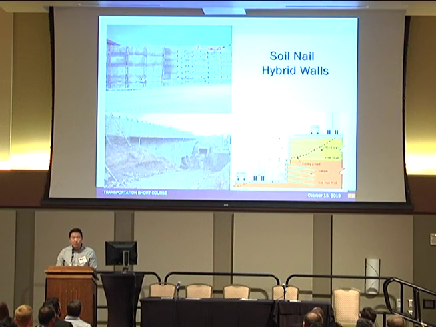We typically do not recommend a hybrid wall with a continuous face. That means if you try to build a wall face, like a precast panel face, with a continuous face crossing the soil nail wall and the MSE wall, there is a problem.